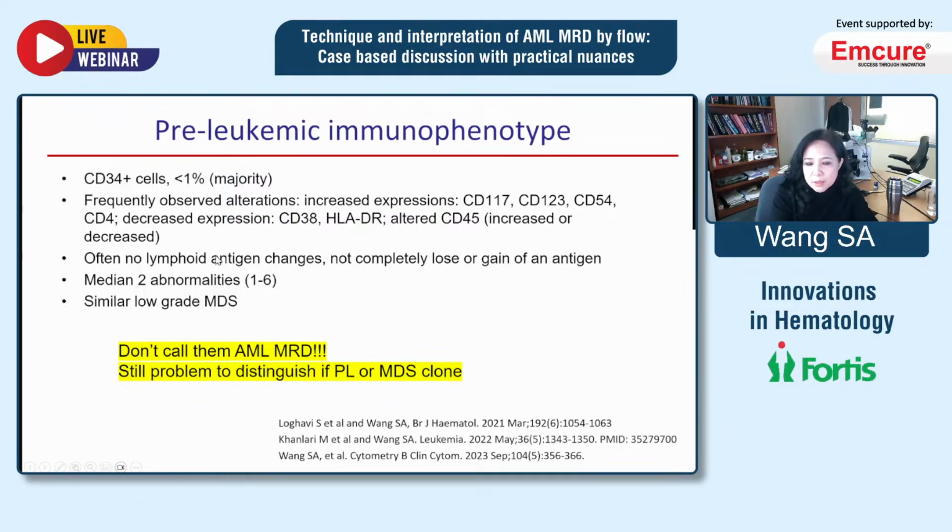They're usually less than 1%. They're almost all CD34 positive. They don't involve CD7 or CD56. They don't completely lose one antigen or gain one antigen. Usually it's an expression level change, right? So the thing is, don't call them AML. That's very important.